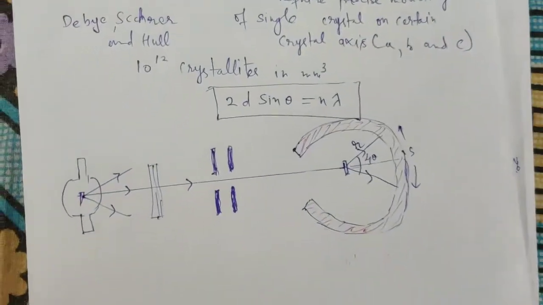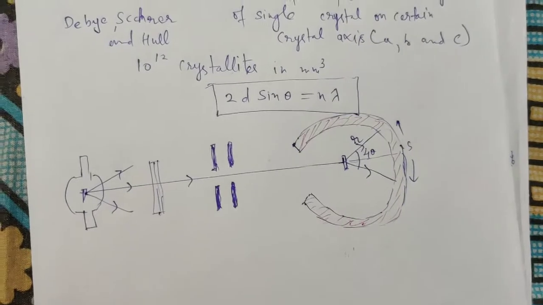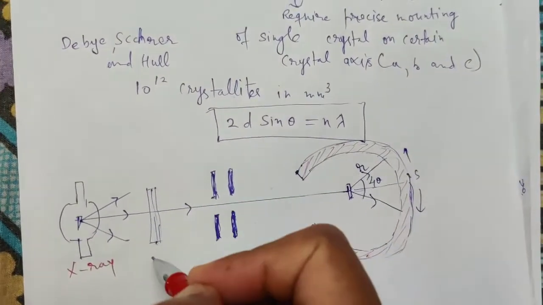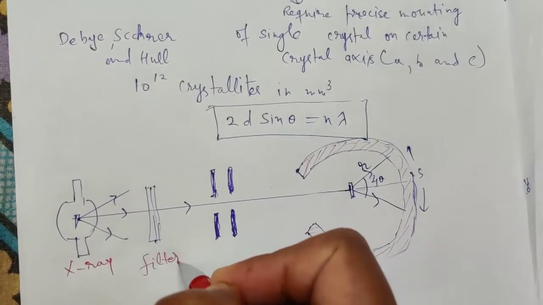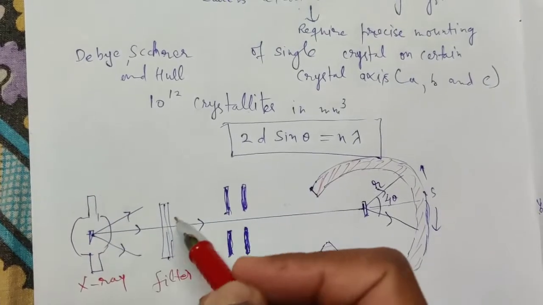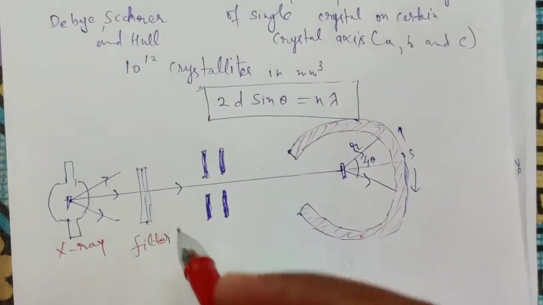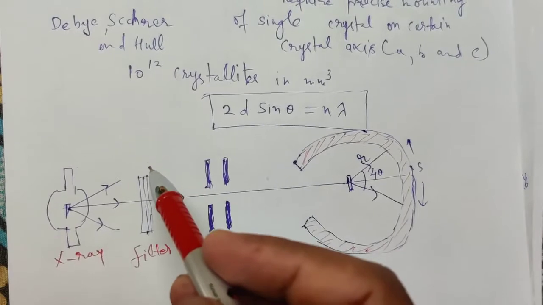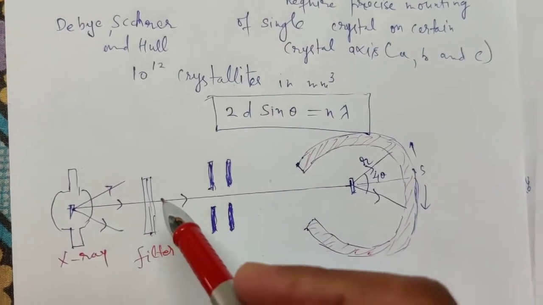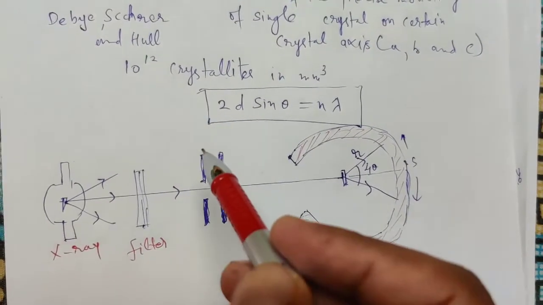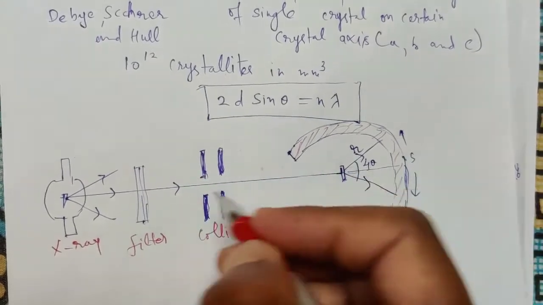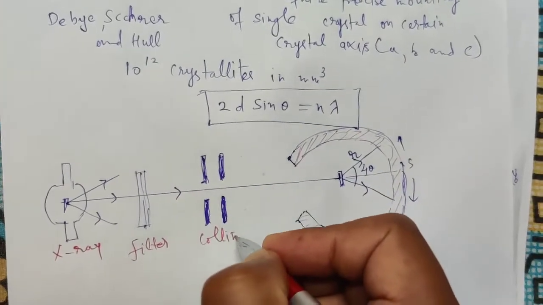In this method, this is the X-ray source, and this is the filter. Many wavelengths of X-rays are formed here. The filter is of copper, nickel or molybdenum, so it creates a monochromatic X-ray, meaning its wavelength is fixed. It is then collimated using this collimator, creating parallel X-ray beams.